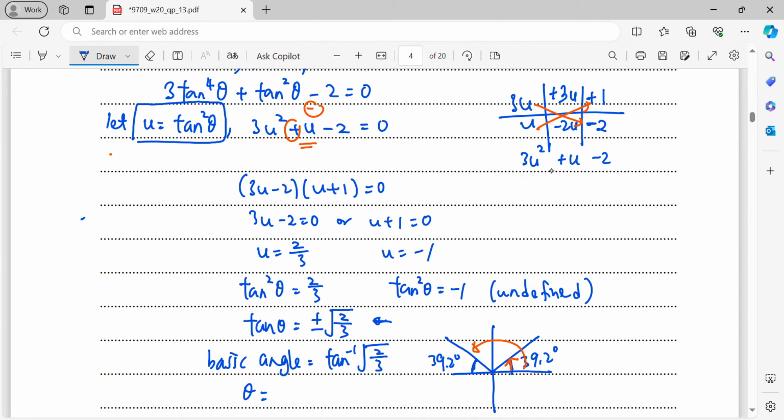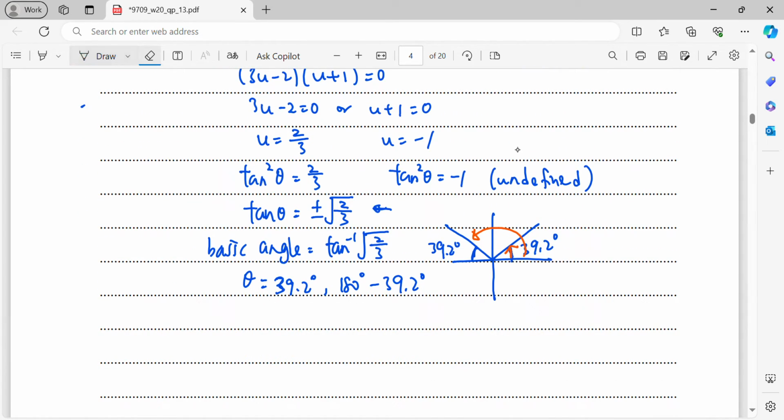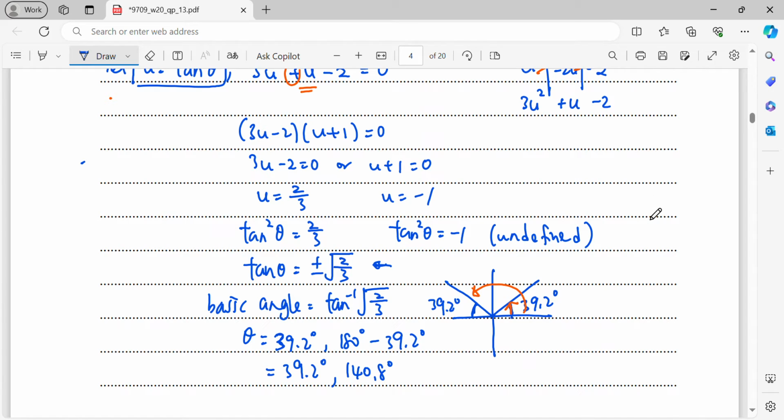So here I will just write down first 39.2 degrees, and the other one is 180 minus 39.2. Okay, then from here you will get 39.2 degrees, and the other one is 140.8 degrees. So that's the solution of this trigo equation.